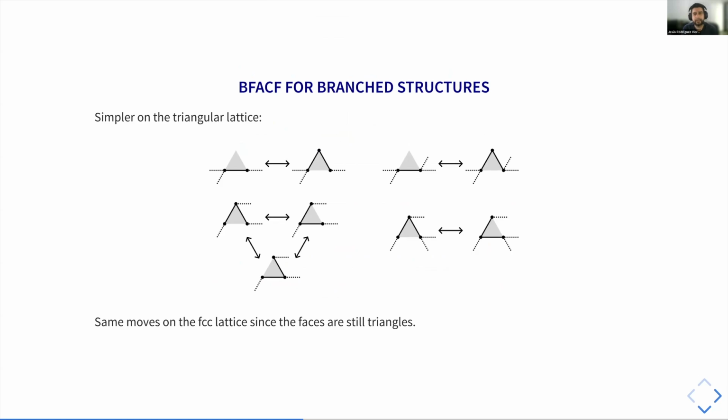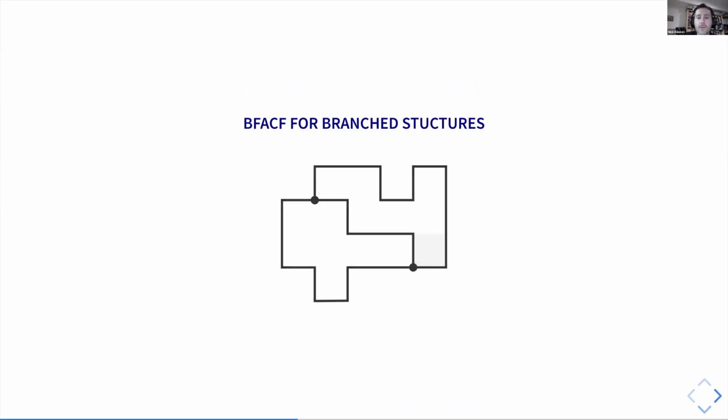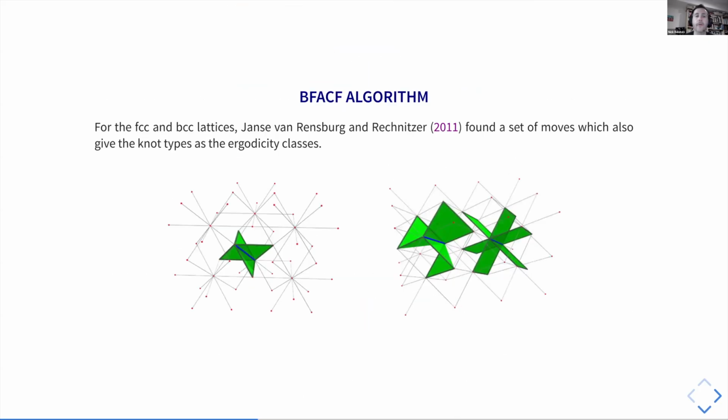Is it more complicated, or what is wrong with that specific case? So if we go back to polygons on the cubic lattice, the proof that the ergodicity classes were the knot types is, roughly speaking, you take a polygon and show that you can do some moves to squish it down a bit, and then you show that you can perform all the Reidemeister moves.